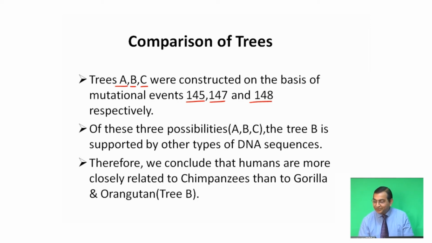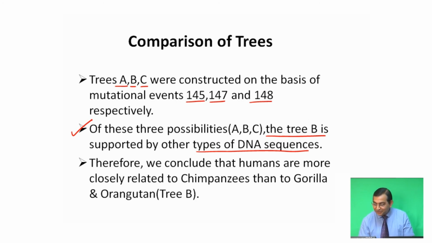Of these three possibilities, tree B is supported by other types of DNA sequences. That is, human is closely related to chimpanzee. So this phylogenetic tree B, based on mitochondrial DNA sequences, shows that chimpanzee and human are very closely related compared to gorilla, orangutan and gibbon, and this has been supported by other sequences too.